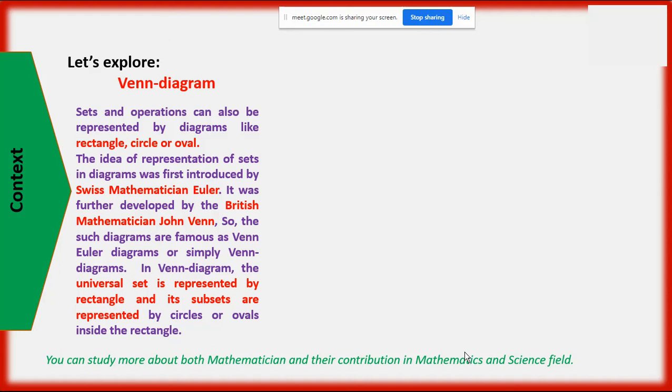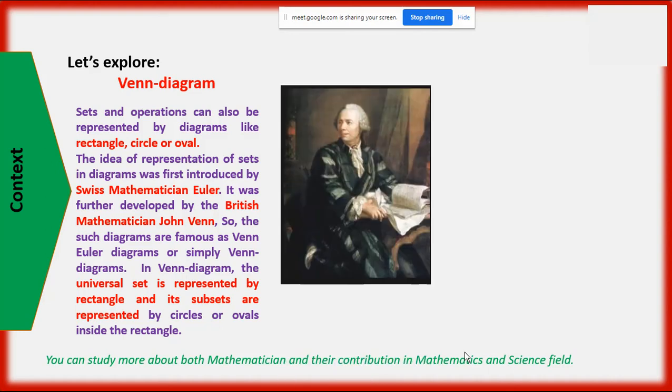I already told you to please explore more and more, because we have no more engaging time, so you can identify their contribution, further applications in mathematics and their research in the math and science fields. Euler and John Venn were really good mathematicians of the last century, so please explore yourself.